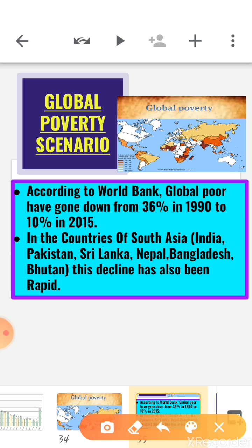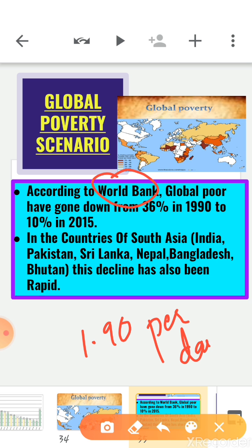The proportion of people in different countries living in extreme economic poverty, defined by the World Bank as living on less than $1.90 per day, has fallen from 36% in the 1990s to 10% in 2015.